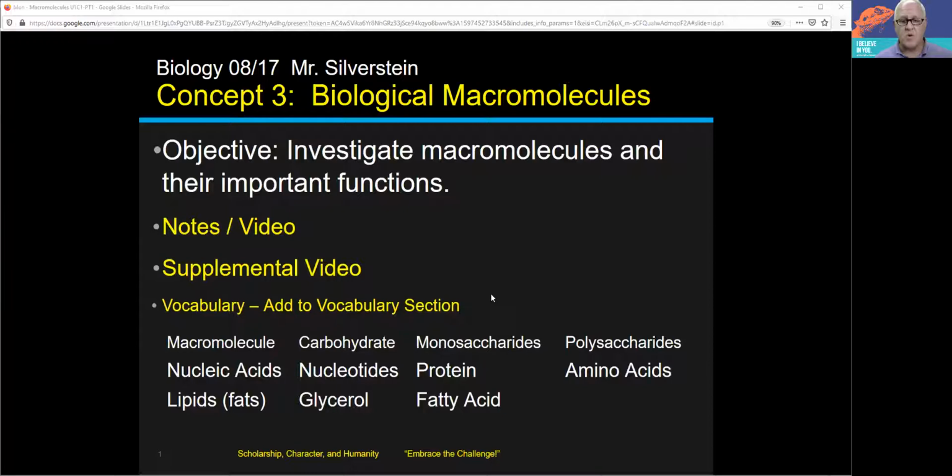Some of the words we're going to be using today are macromolecule, carbohydrate, monosaccharide, polysaccharide, nucleic acid, nucleotide, protein, amino acids, lipids, glycerol, and fatty acid. Why don't you take a moment and jot those down?